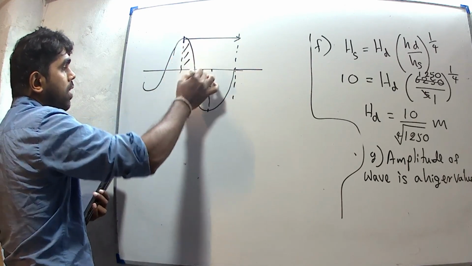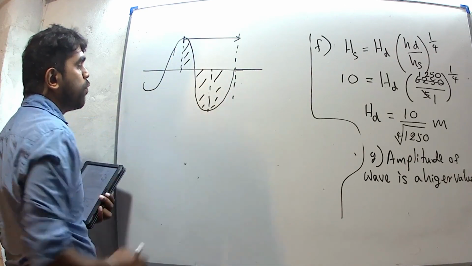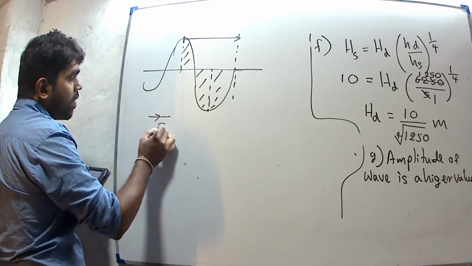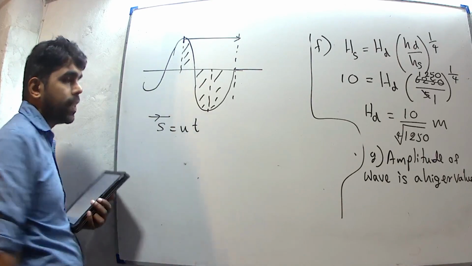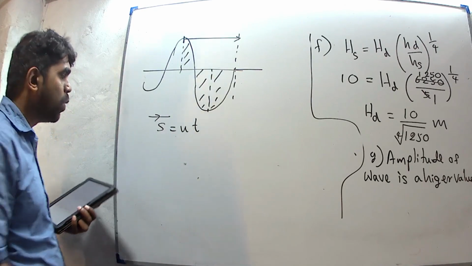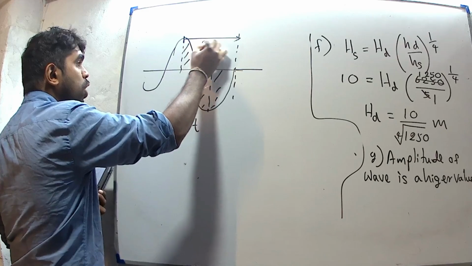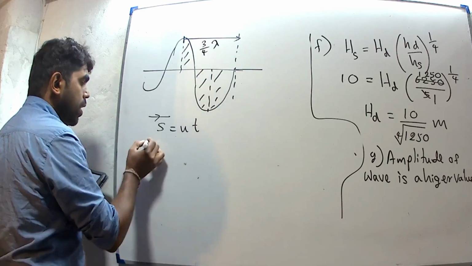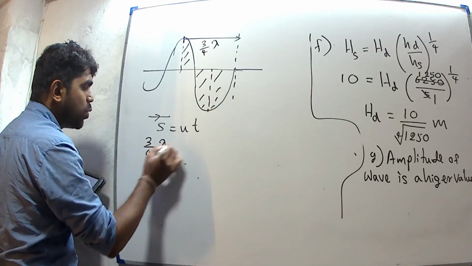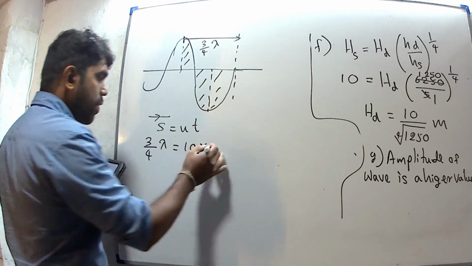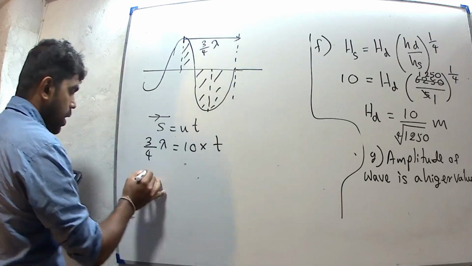This part is 3/4 of wavelength. Therefore, we can use s equals ut for the corresponding wave. Distance should be this part, it is 3/4 of wavelength. 3/4 of wavelength should be equal to velocity of wave, given as 10, times time. We have to get time.